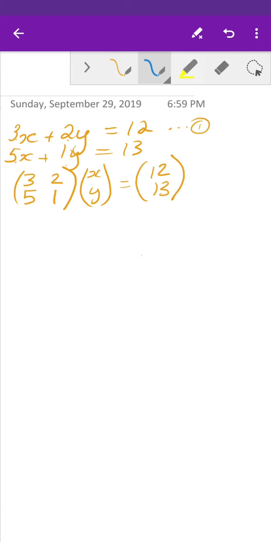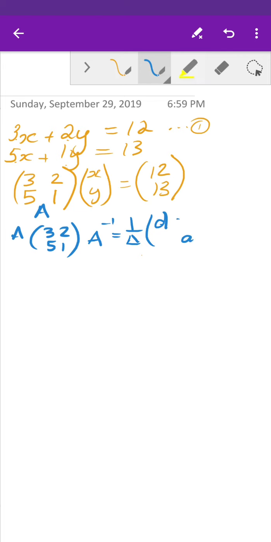Now what we need to do is come up with the inverse of this matrix here. If A is 3, 2, 5, 1, then the inverse matrix is 1 over the determinant. We swap A and D over, and we change B and C from positive to negative or negative to positive.